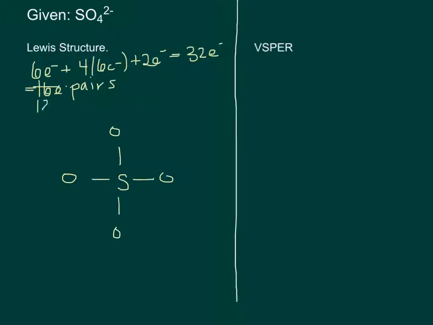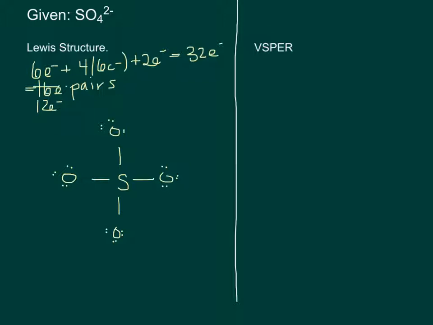So we're left with 12 electron pairs. And these we're going to distribute to each oxygen so that each oxygen has a full octet. So let's have 1, 2, 3, 4, 5, 6, 7, 8, 9, 10, 11, and 12. Distributes perfectly.